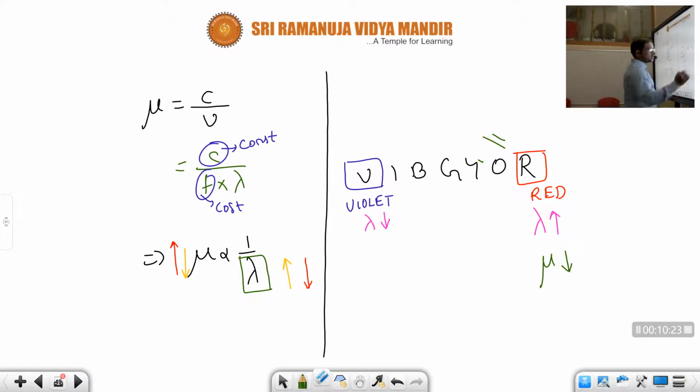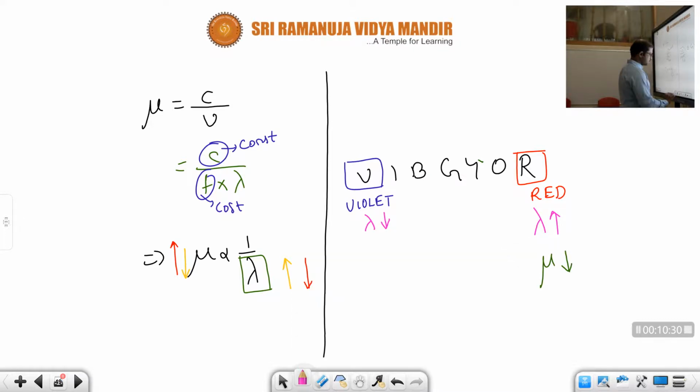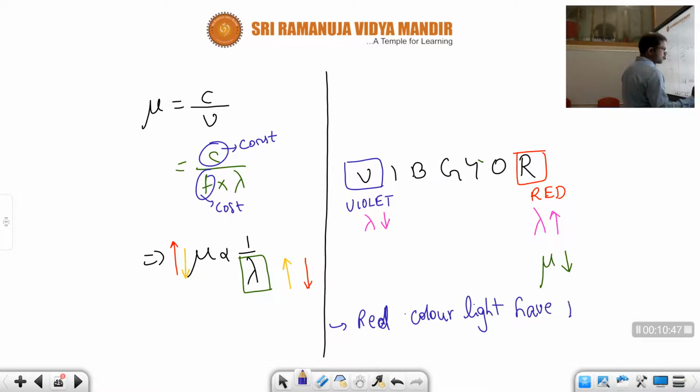So that's the reason red color light has less refractive index.